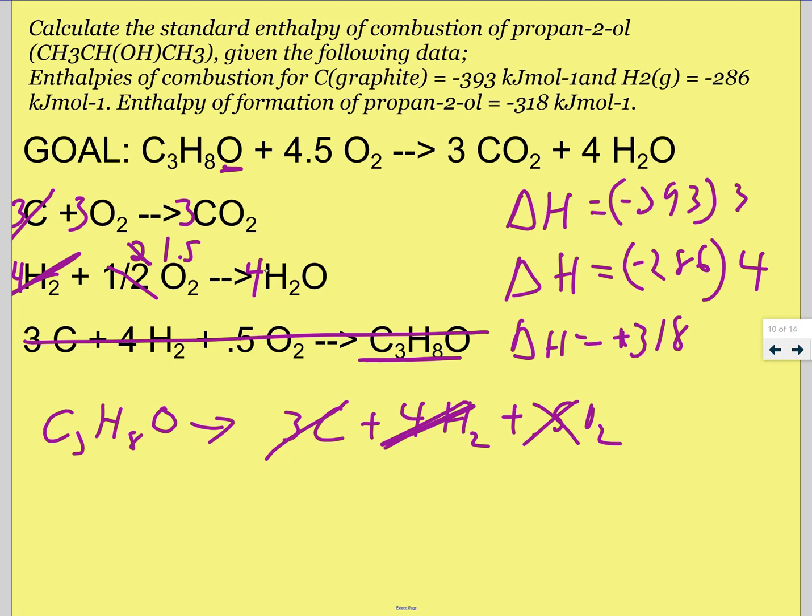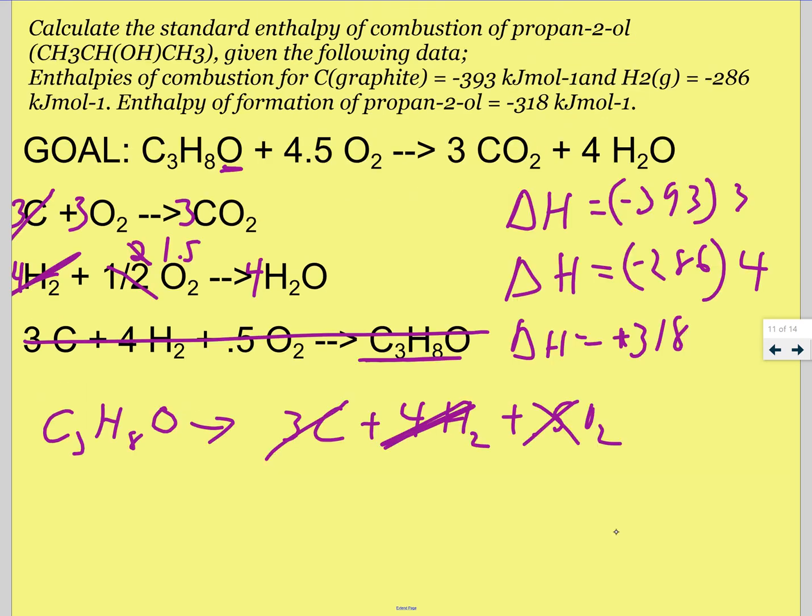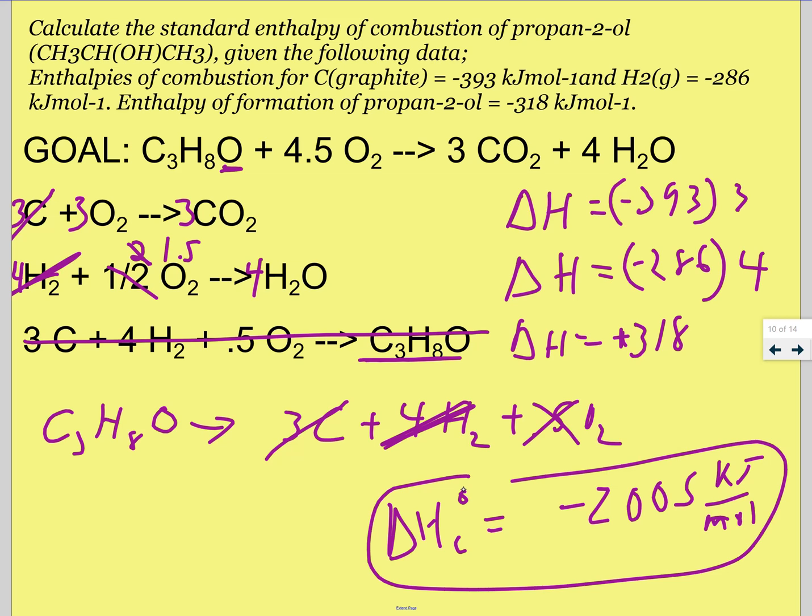Add it up, and we get negative 2005 kilojoules per mole. And this is the delta H combustion of propane-2-ol.